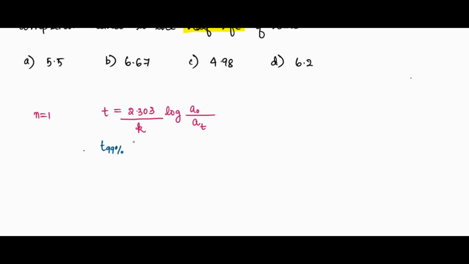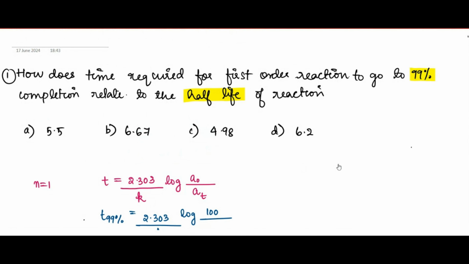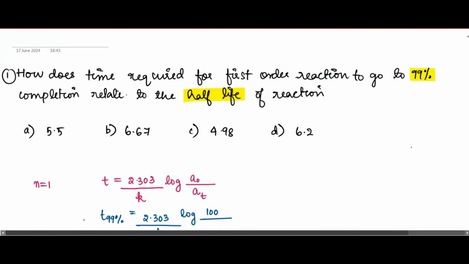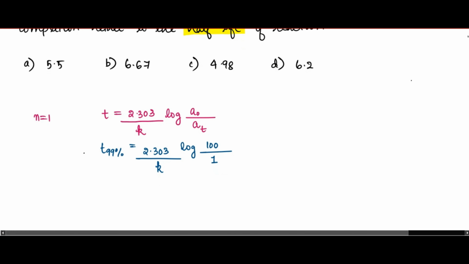The rate constant for the reaction won't change, so it will be 2.303 by K into log of initial concentration over what is left. If we take the initial concentration as 100, after 99% completion we have 1 remaining. So this is T99%.